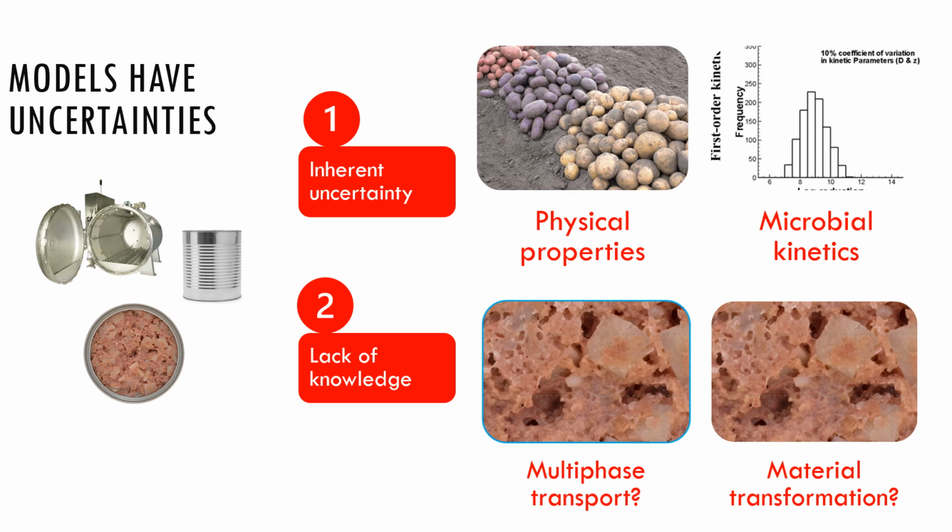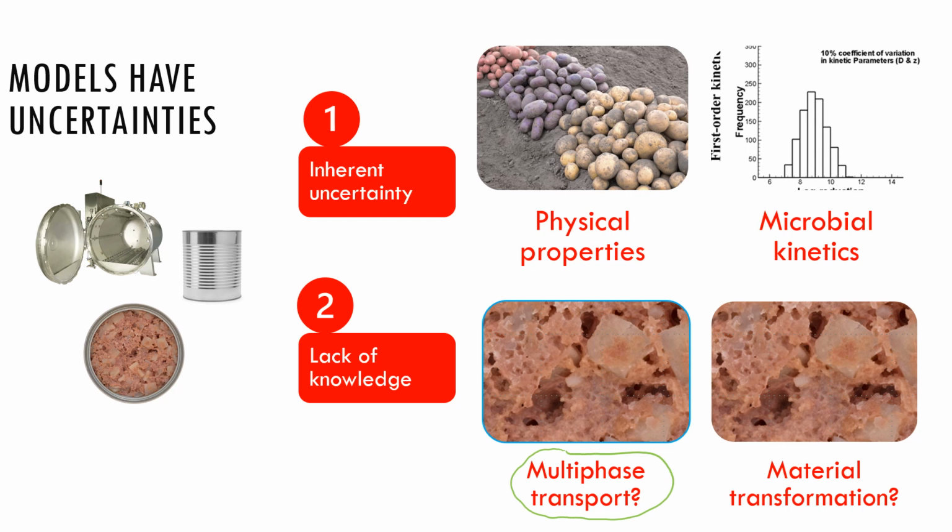It's important to see that if we know some of these answers, that maybe we know that no, we really need to consider multi-phase transport, but we choose not to, then we are simplifying it knowingly, and we are making physical approximation errors, as we discussed in the previous slide.